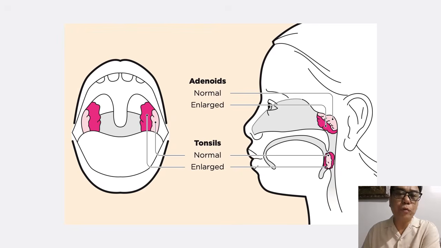So tell them to report any signs and symptoms of bleeding. So if they experience throat discomfort between 4 to 8 days after the operation, tell them that it is normal. Okay, that happens because of the mucous membrane at the operative site.